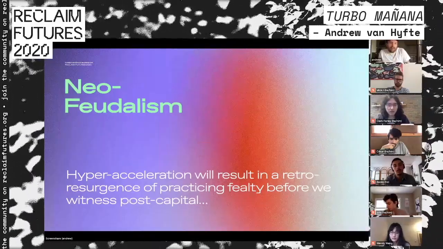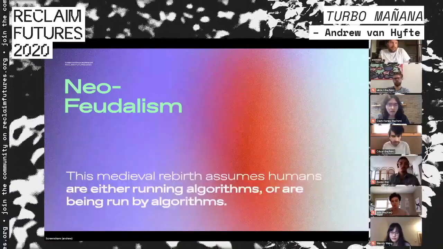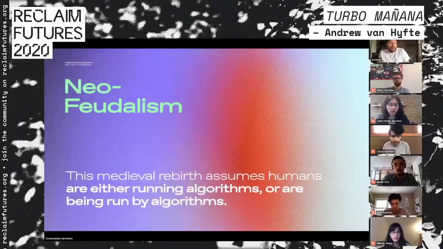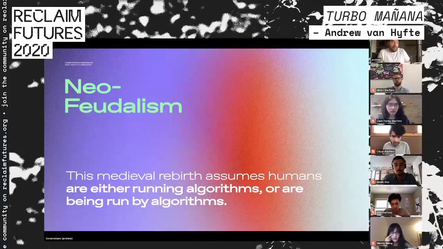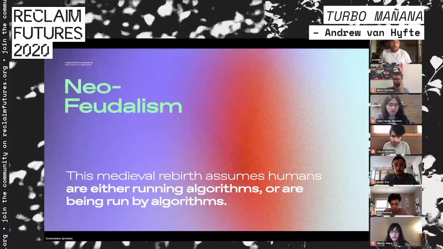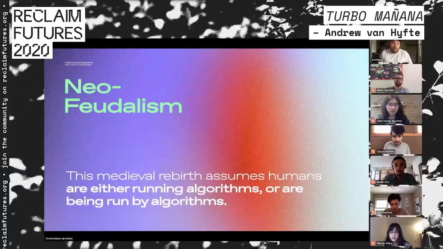And I think the thing to take away is that, in my mind, the way I see this playing out, if it's accelerated the way I think it's going to, it's going to be a bit of a medieval rebirth. And in our current state, I think it's really going to assume that humans are either running algorithms or are going to be run by an algorithm.